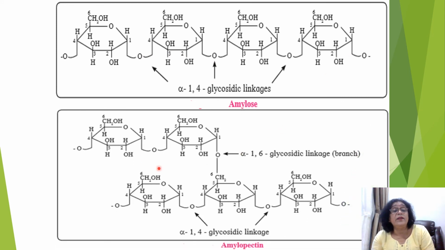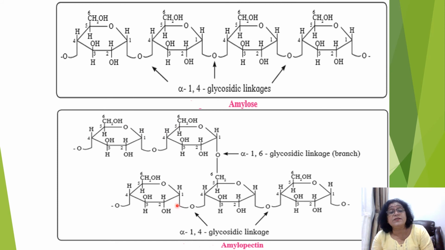While in amylopectin, what happens? Apart from the alpha-1,4 glycosidic linkage that was present in amylose, which is present here too, there is one more linkage. The carbon 6 of one molecule of alpha-D glucose links with the carbon 1 of another molecule of alpha-D glucose of a different chain.